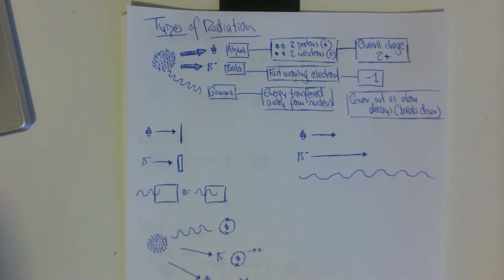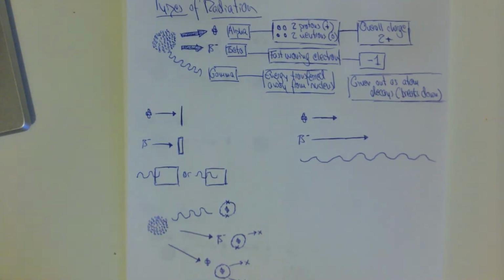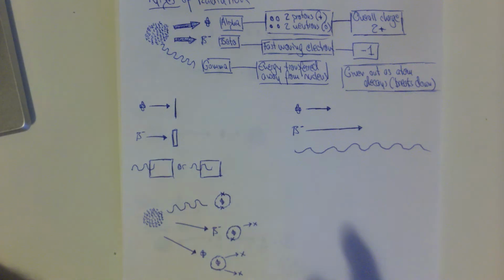Now, in terms of the different types of radiation, there are certain properties that you have to be familiar with and be able to link to the type of radiation.